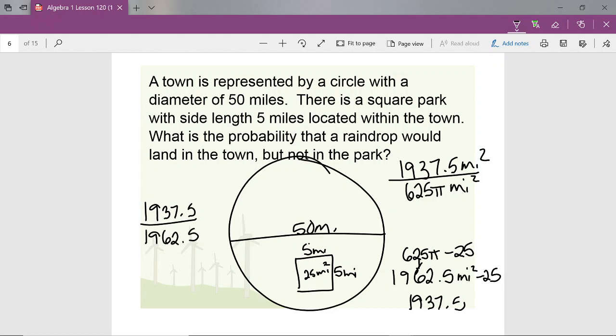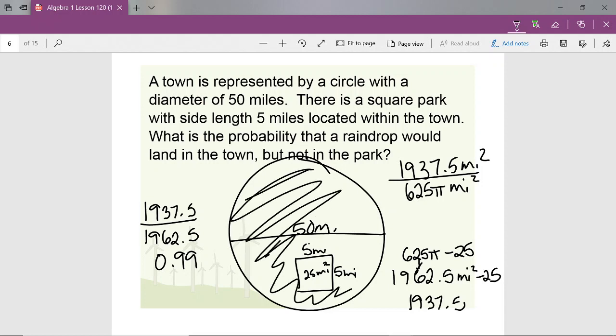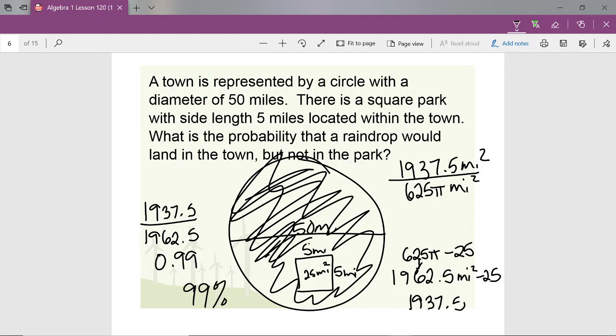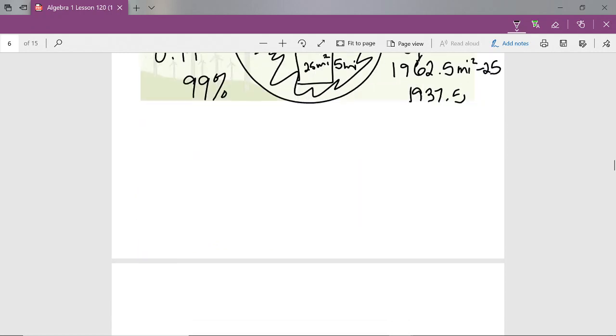And when we do that, we see that rounded to the nearest hundredth, it's 0.99. So the probability of getting in the town but not in the park is a 99% chance, whereas actually getting a raindrop in the park is a 1% chance. Okay, so we use some complements there in order to find those probabilities.